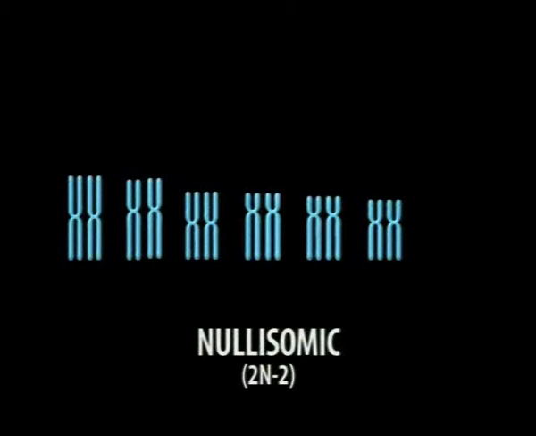Then second is nullisomy. As far as hypoploidy is concerned, nullisomy is a condition where a pair of chromosomes is missing. Since there are many pairs of homologous chromosomes in an individual, any of the pairs can be missing. Therefore, the possible number of nullisomics in an individual is equal to the number of pairs of chromosomes, or half of the somatic chromosome number.